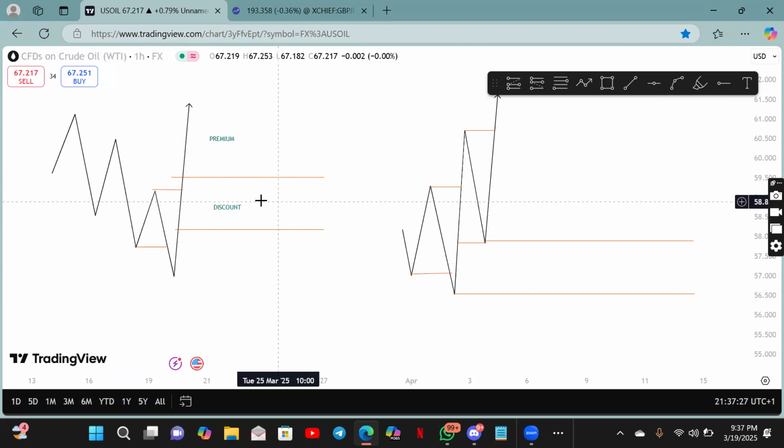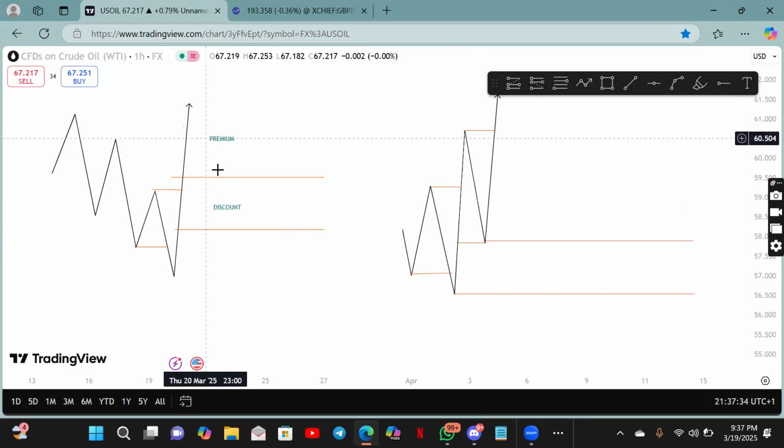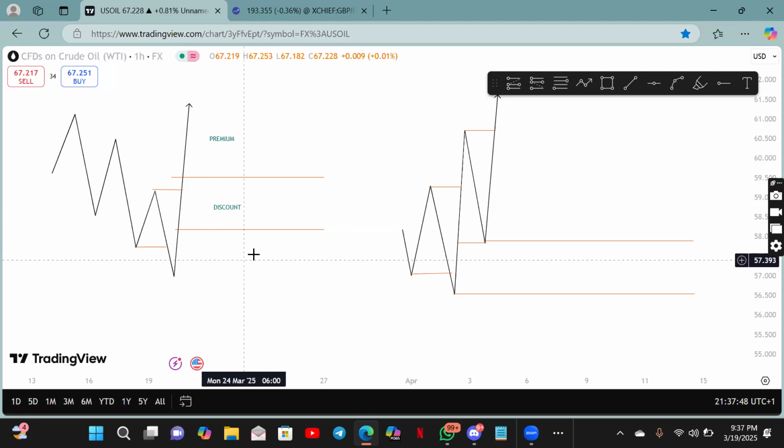This is 100% premium. This is 100% discount. So inside the 100% discount, you are sharing it again from this traditional liquidity to this protected low, dividing it into two, as 50% again. So inside this place now is where you'll be looking for your trade, which is here.